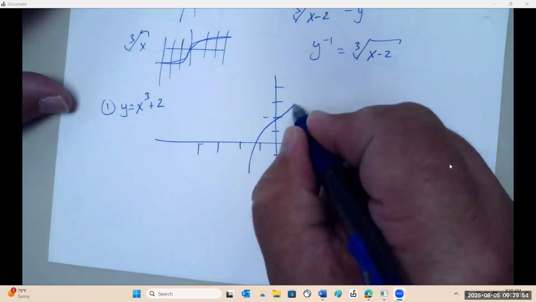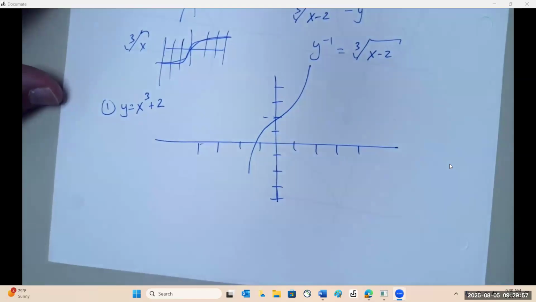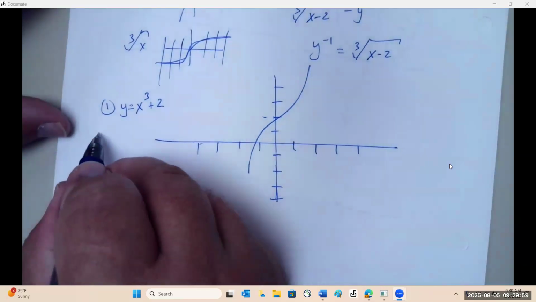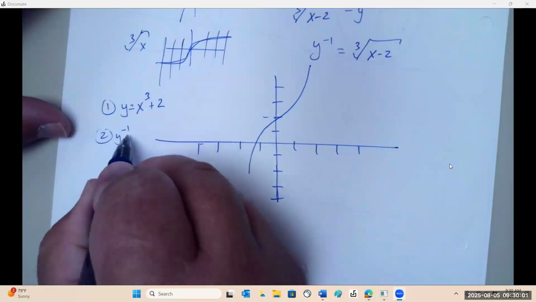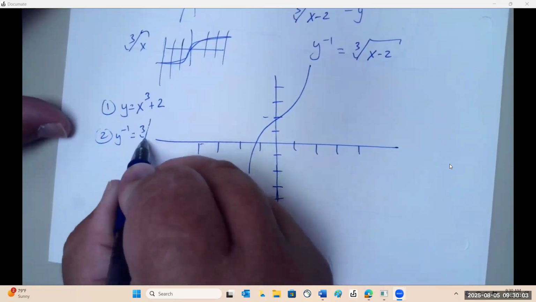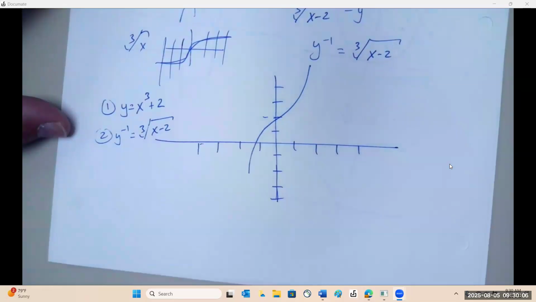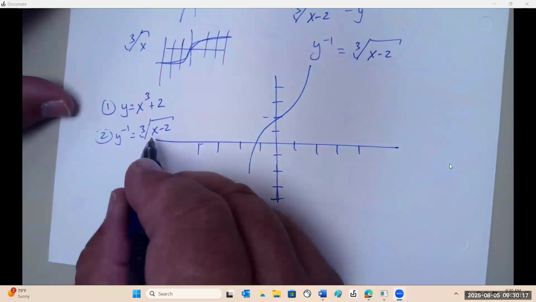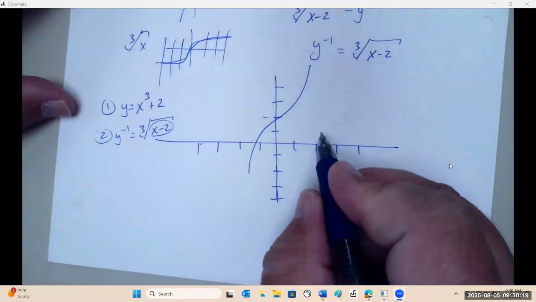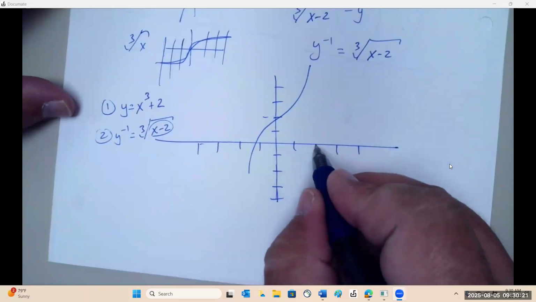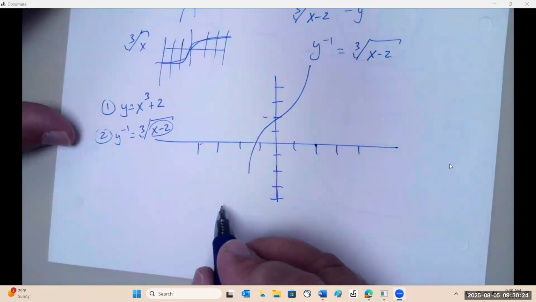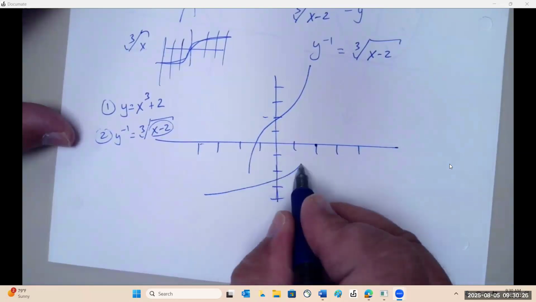It looks like this. What does its inverse look like? The cube root of x minus 2. Shift it to the right 2 spaces, and it's going to cross there. So it looks like this.